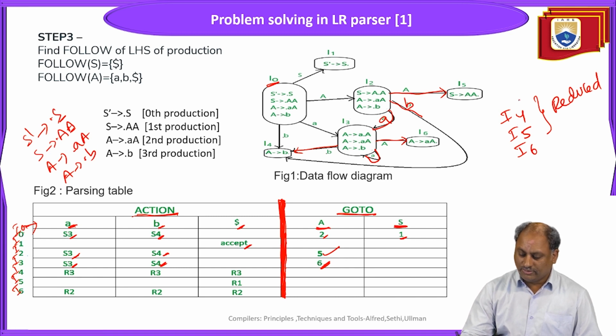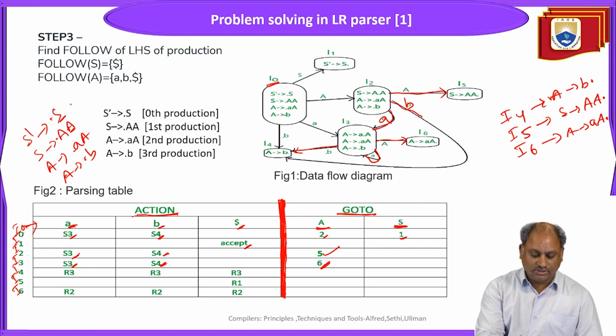What is I4? What is the production that is available? A derives b dot. And what is I5? S derives A dot. And what is I6? A derives small a, capital A dot. Now in this list, the given productions are 0, 1, 2, 3.